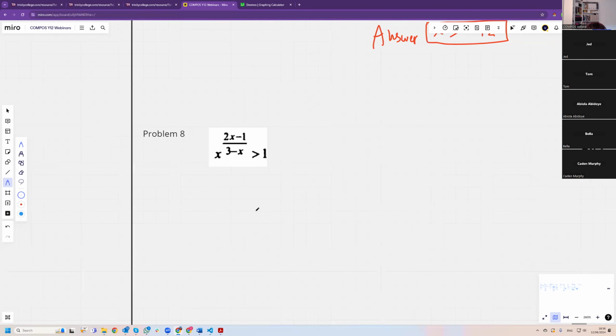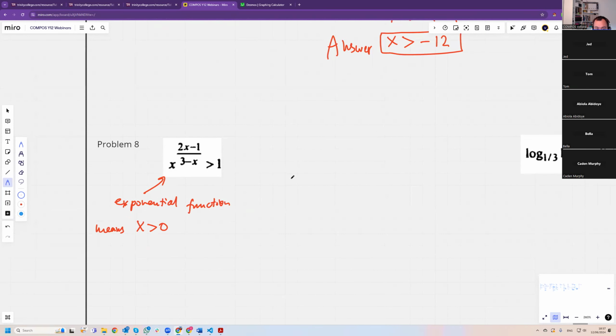Now, problem 8. So problem 8, we have x to the power of. Now, we assume that this is an exponential function. An exponential function is only defined when the base is greater than 0, because you cannot have minus 2 to the power 1/2, for example.